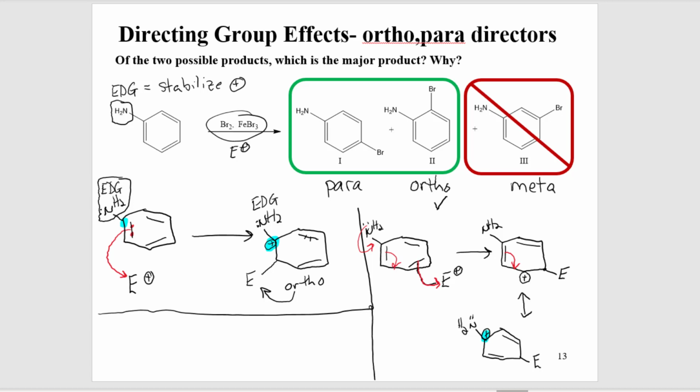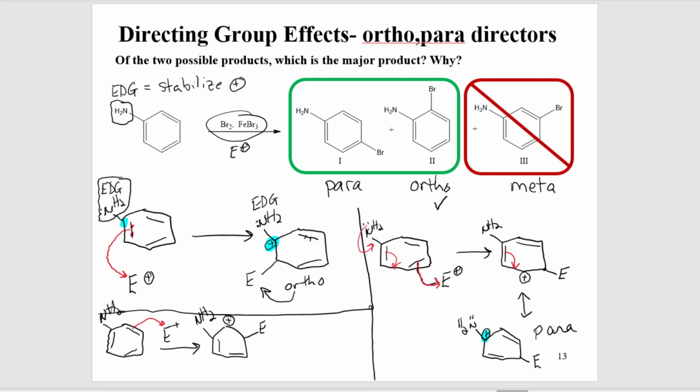Just to prove a point, I'm going to show you that putting the electrophile meta does no help in stabilizing the carbocation. So if I put that electrophile at the meta position, didn't touch these two, the electrophile's meta, the carbocation is at this ortho position.